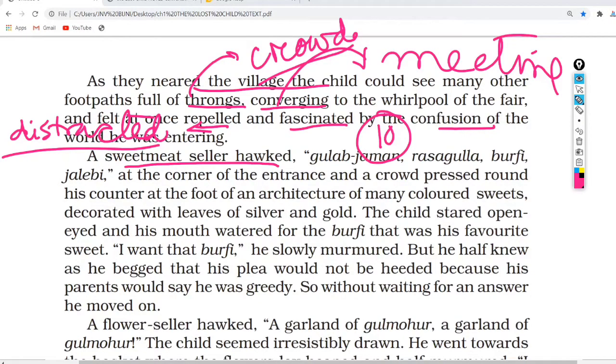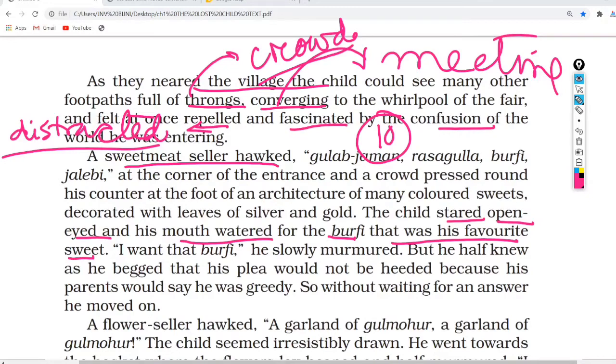Gulab Jamun, Rasgulla, Barfi, Jalebi at the corner of the entrance, and a crowd pressed around his counter at the foot of an architecture of a many-colored suite decorated with the leaves of silver and gold. The child stared, often eyed, and his mouth watered for the barfi that was his favorite sweet.